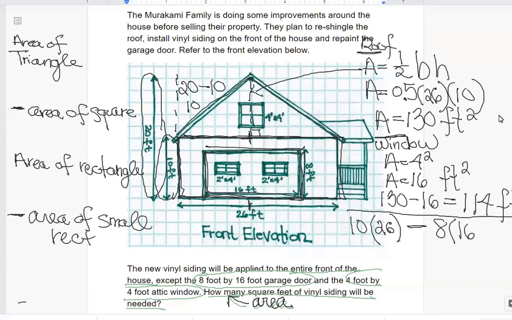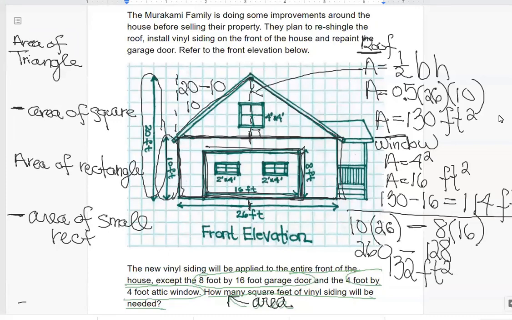So I'll subtract out an 8 by 16 shape. Okay, so 10 by 26. The area of the front of the house was 260 square feet. But removing out the area of the door I'm not covering, that's 128 feet. Let's do that subtraction. 260 minus 128 gives me 132 square feet for the bottom portion of the house.